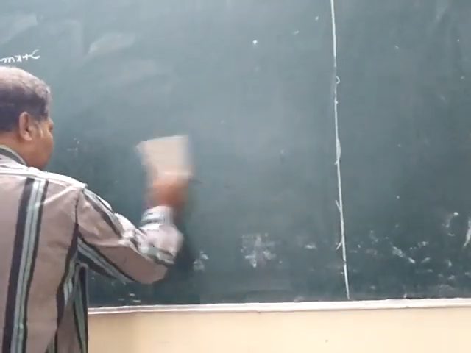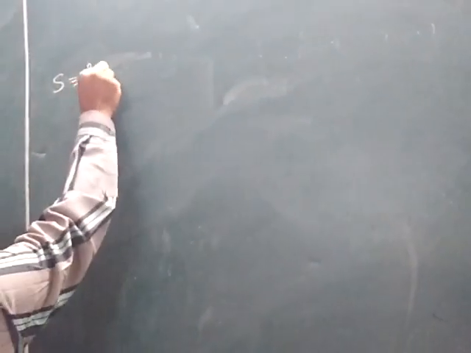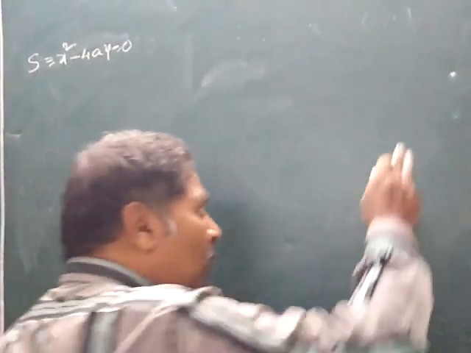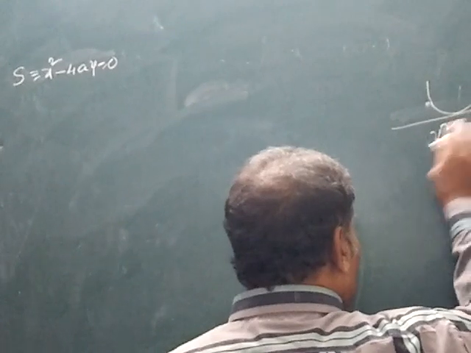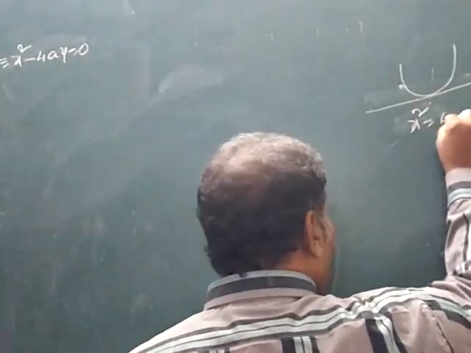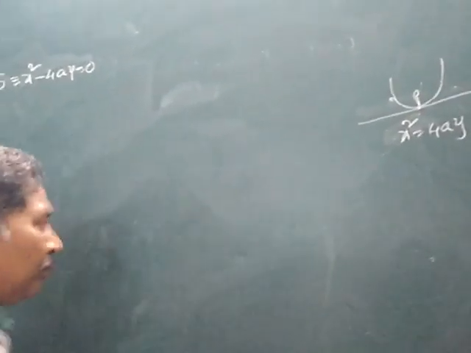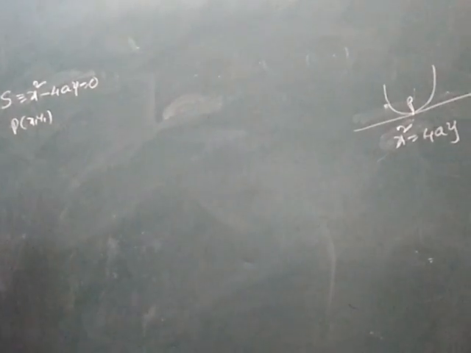Write down. Given parabola is S identically equal to x square minus 4ay equal to 0. Let P x1 y1 be point of contact.